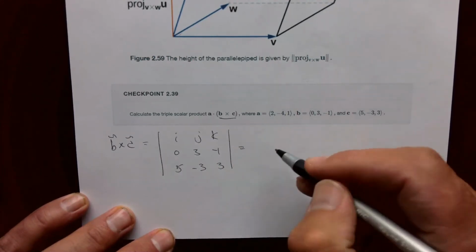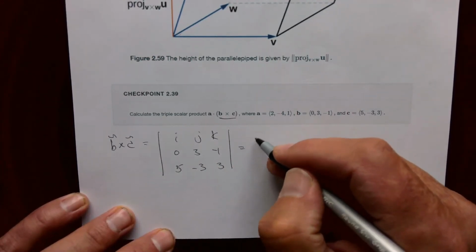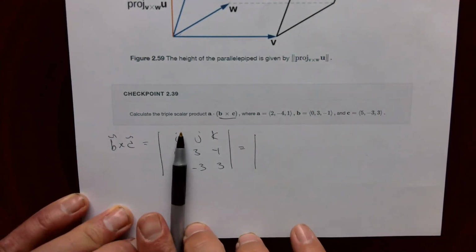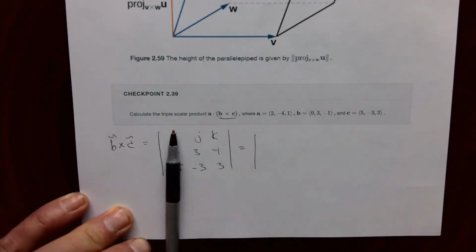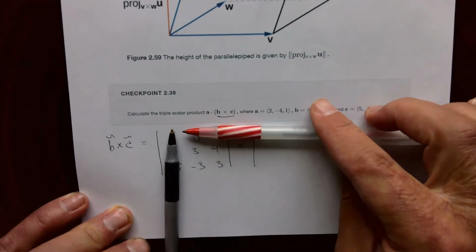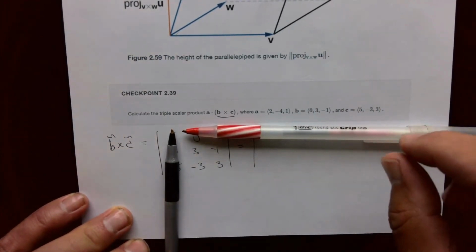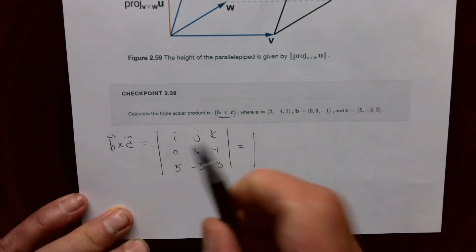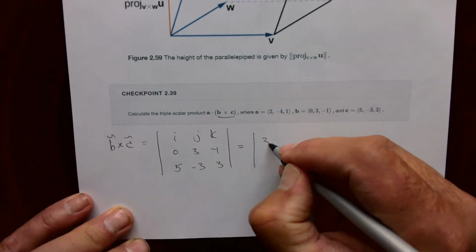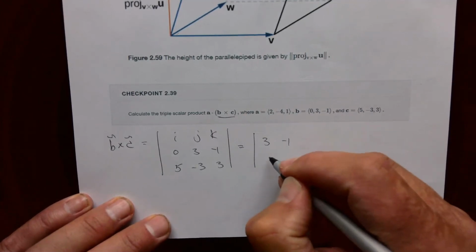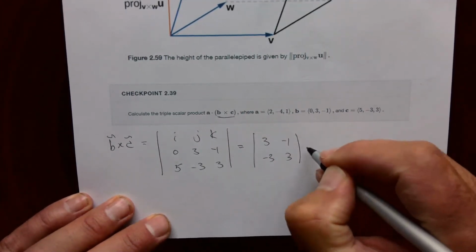And then what we get is the 2 by 2 determinant by crossing off the first row and first column, and then multiplying the vector i by the determinant of that resulting 2 by 2 matrix. So it's going to be 3, -1, -3, 3 times the vector i.